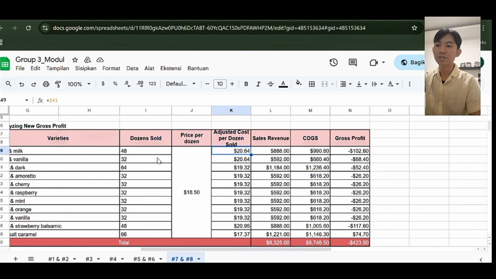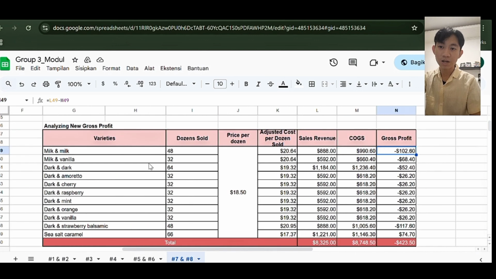The sales revenue will be the same, 888, with the cost of goods sold increased to 990.6. So we get the gross profit of varieties milk and milk of minus 102.6.